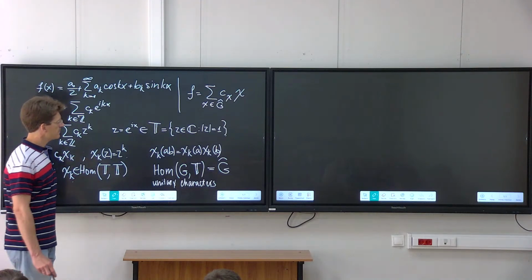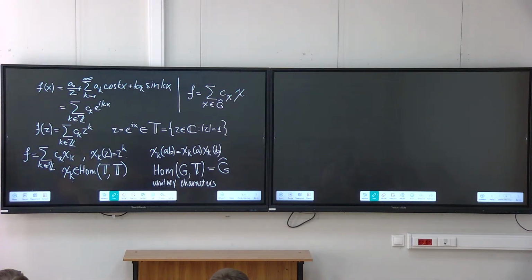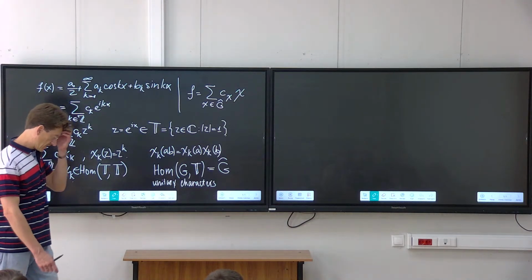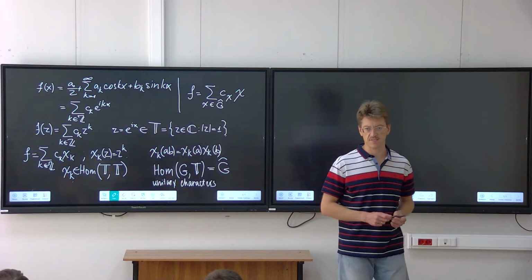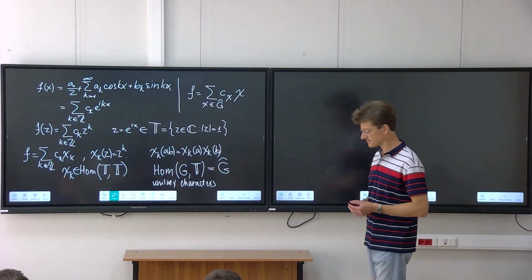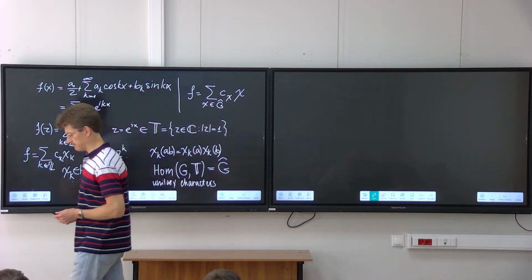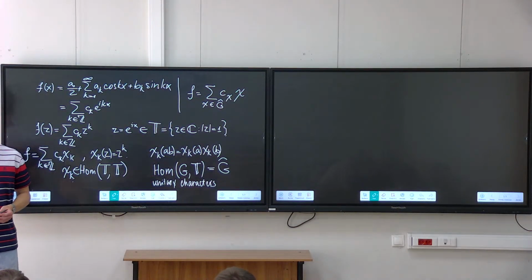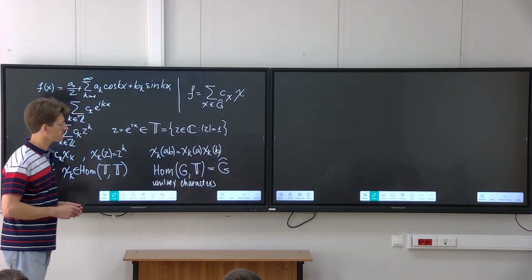So this is a short form of the Fourier series of a function on the circle. So from the modern point of view, the theory of trigonometric Fourier series is nothing but harmonic analysis on the circle. And it turns out that many classical results of the theory of trigonometric Fourier series extend to arbitrary compact abelian groups.